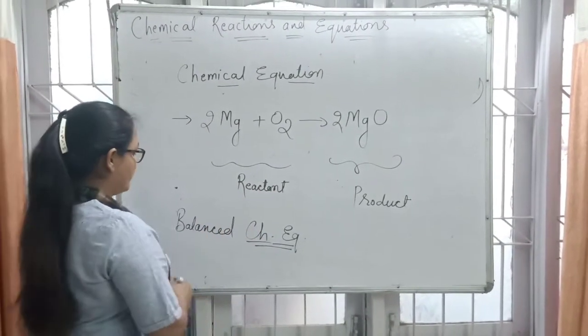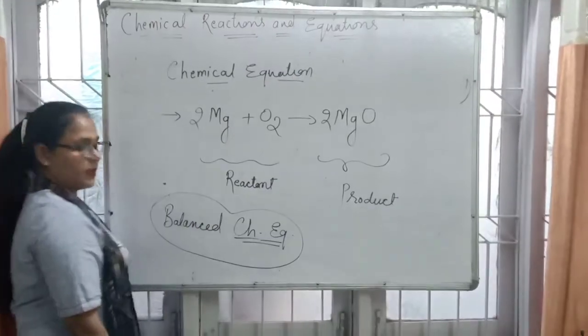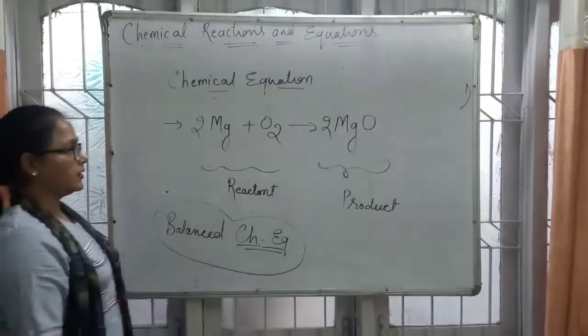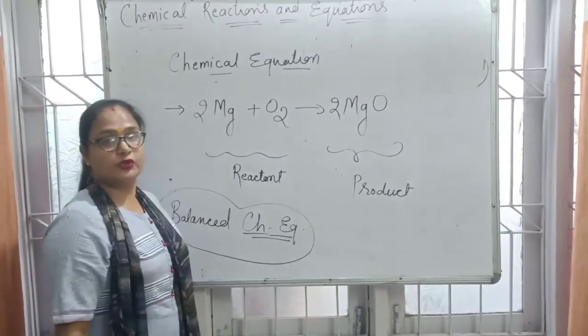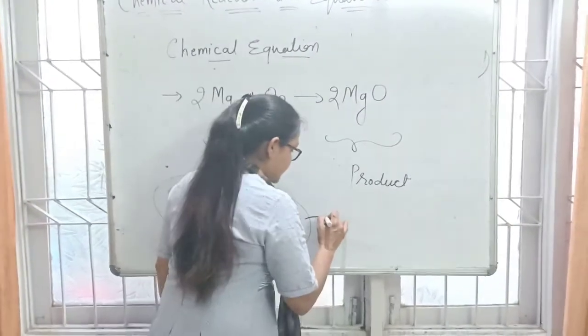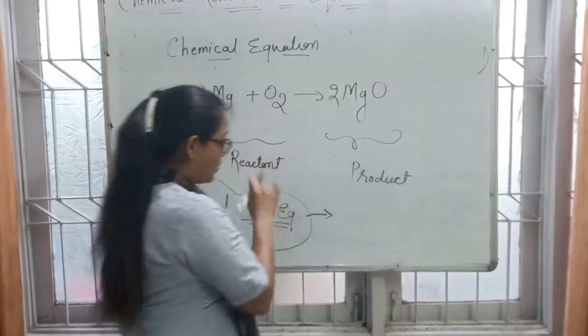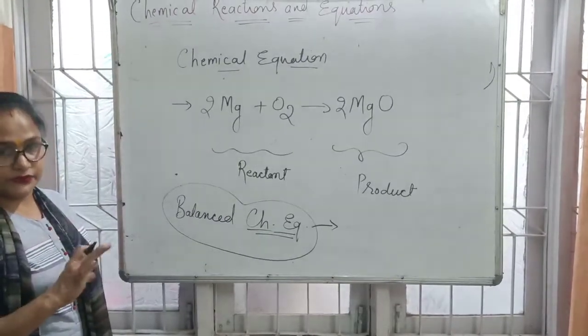So these types of equations are called balanced chemical equations. All balanced chemical equations obey the law of conservation of mass. And this is expected right away, that all equations should be balanced.